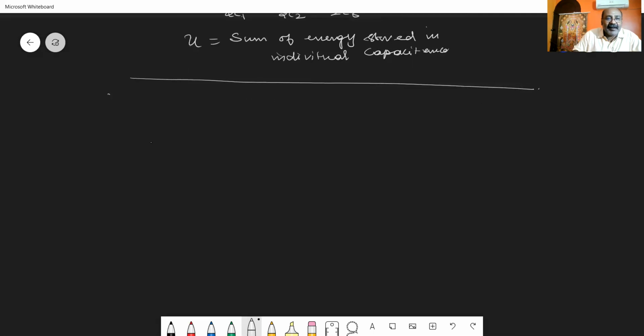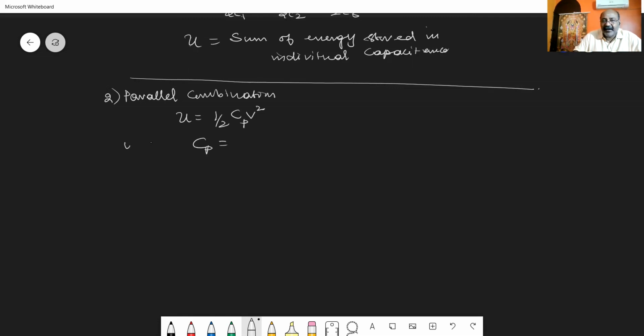We have to consider the parallel combination. What is the total energy stored in the parallel combination? To study this, use the formula potential energy is equal to half into CV square. Instead of C, you have to put CP.